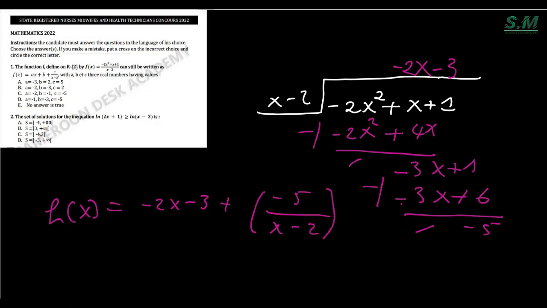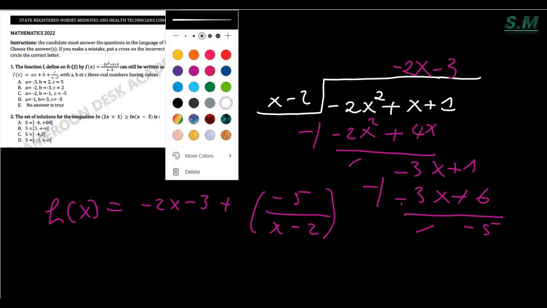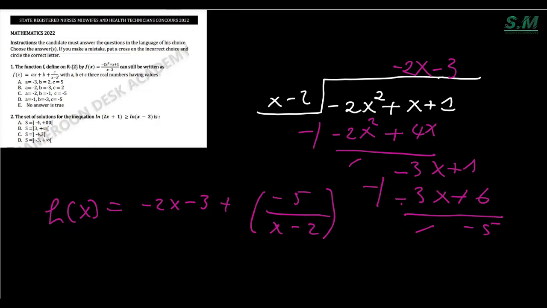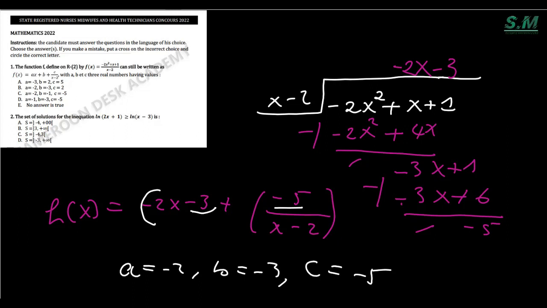Now if we compare this with ax plus b plus c, we see that a takes the place of negative 2, b takes the place of negative 3, and c takes the place of negative 5. So the possible values are a equal to negative 2, b equal to negative 3, and c equal to negative 5.